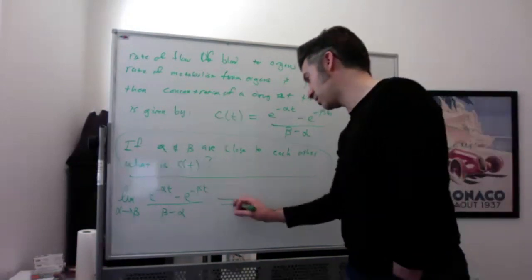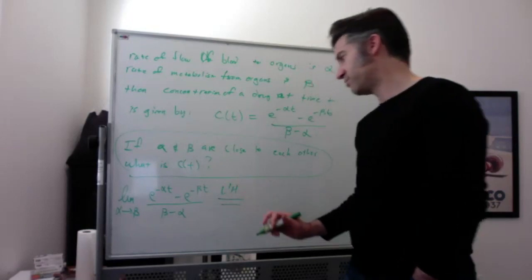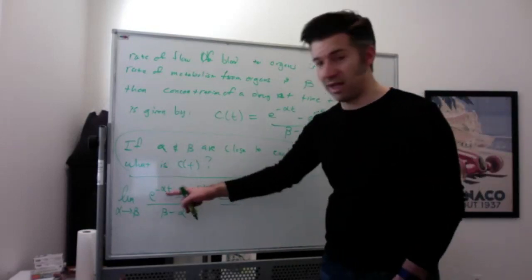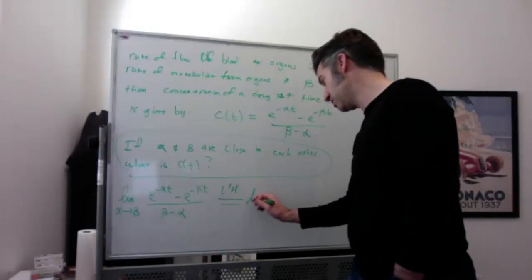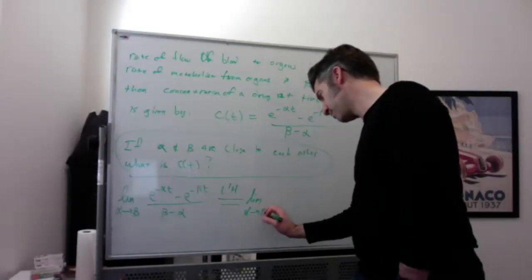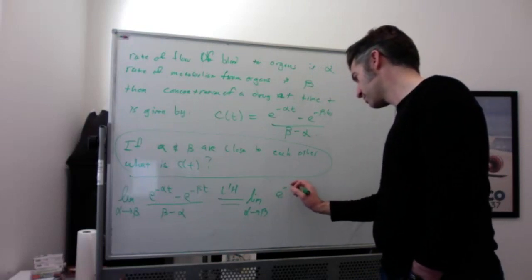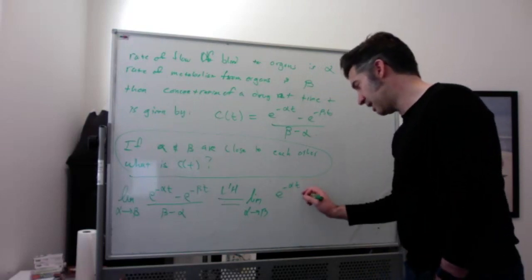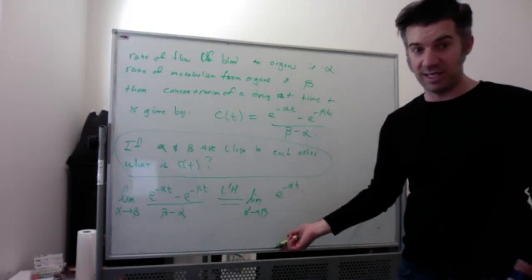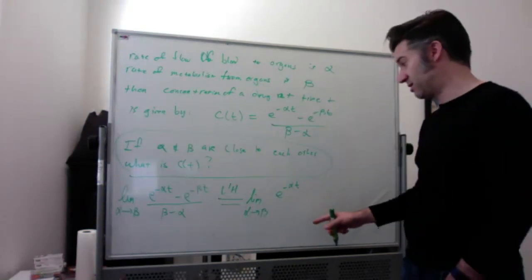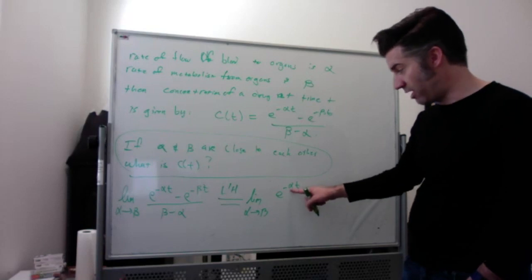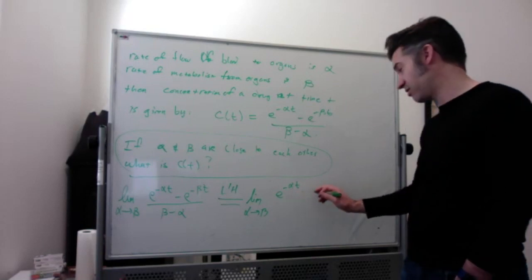So I'm going to use L'Hopital's rule. The derivative of e to the negative alpha t is going to be e to the negative alpha t times the derivative of negative alpha t, which is going to be negative t, because it's the derivative of your variable times the constant that's left over.